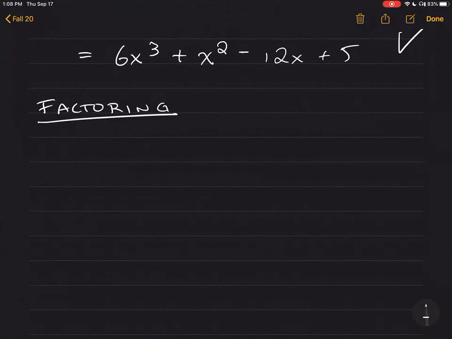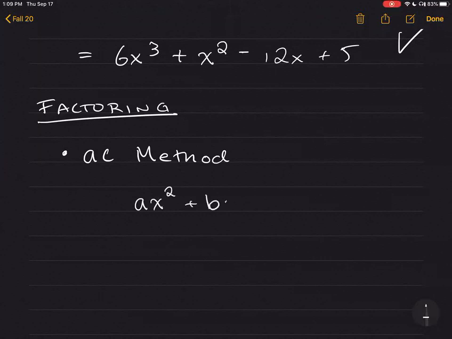One of my favorite ones to do, it's sometimes called the trial and error method or the guess and check method, but the name I've heard used the most is the AC method. All right, and that's where you have some quadratic, so this only works with degree 2 polynomials. So if A is just some constant times x squared plus some constant B times x plus another constant C, and then it has to equal 0. That's important.